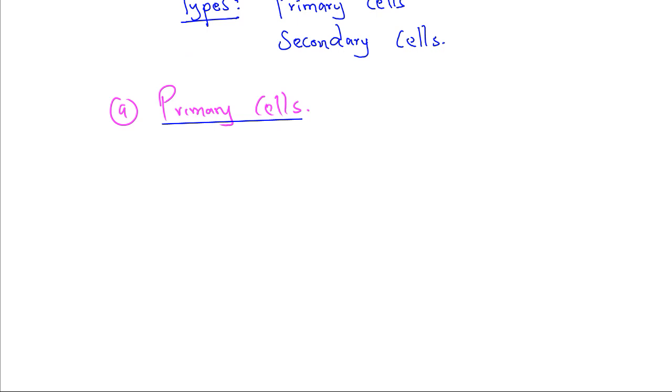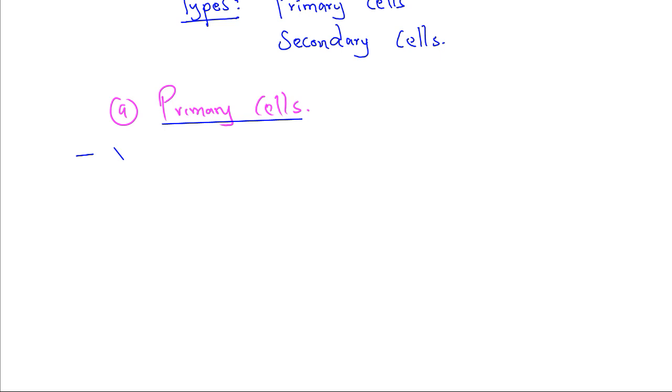These are cells that once the reactants are used up, they can't be stored and therefore do not provide a continuous supply of energy.